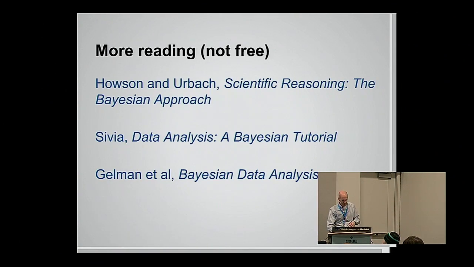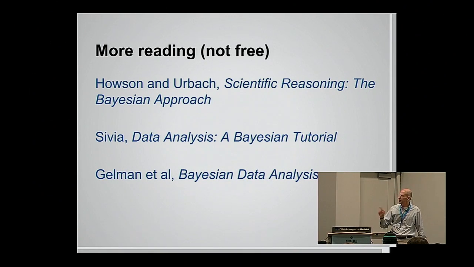Oops, skipped one. There we go. A couple of books that are not free. Scientific Reasoning is the one that I couldn't remember the title of the other day. We talked earlier about using Bayesian inference as part of scientific inquiry. That's what that book is about. The notion there is that our beliefs about the world should be guided by Bayesian inference.